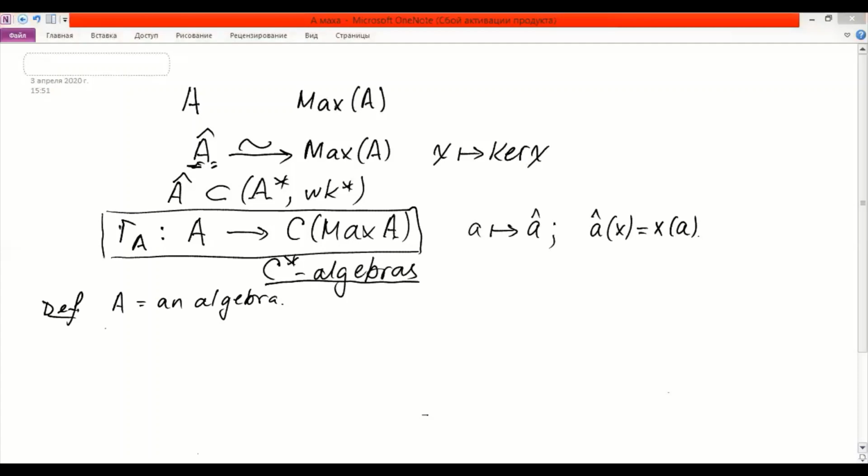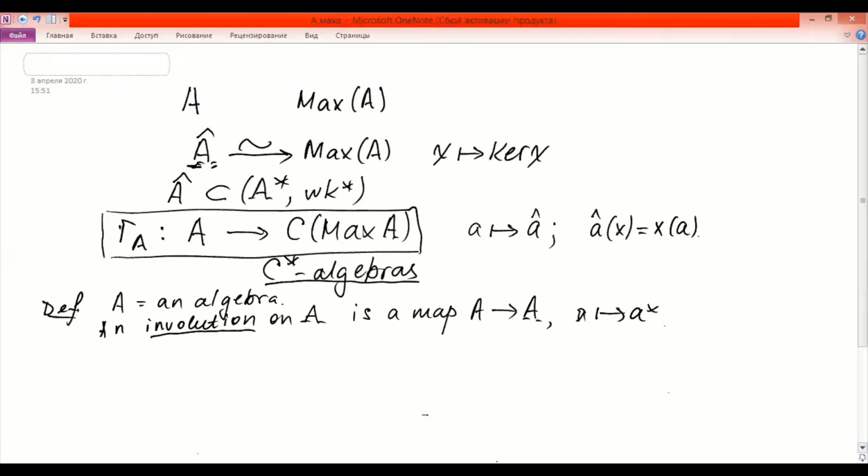By definition, an involution on A is a map from A to itself, which takes each element of our algebra, little a, to another element denoted by a star, such that the following conditions are satisfied.